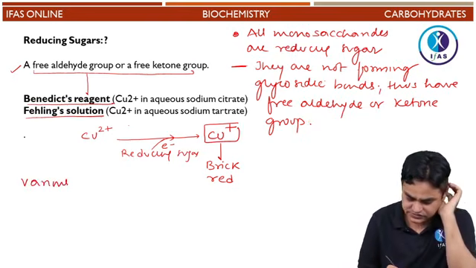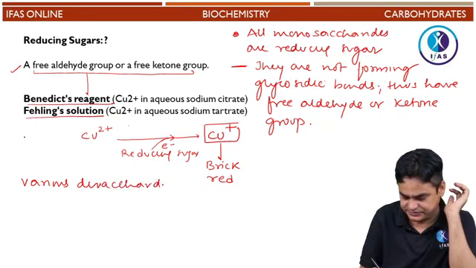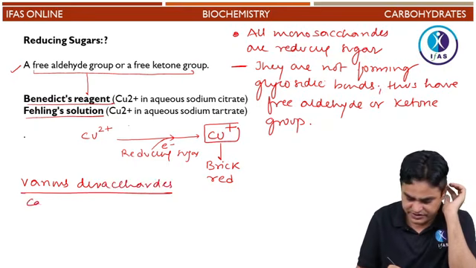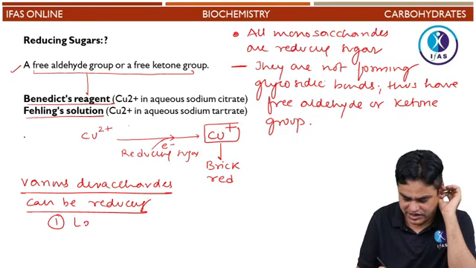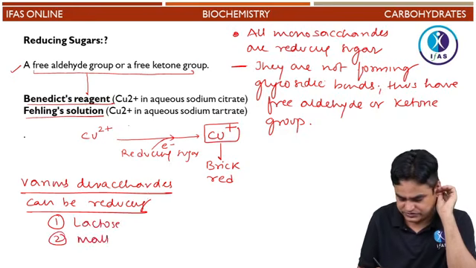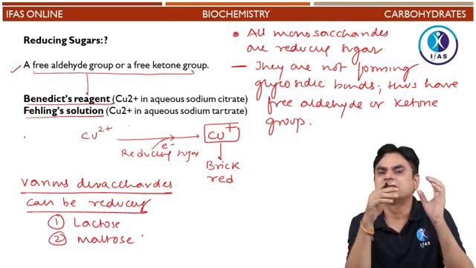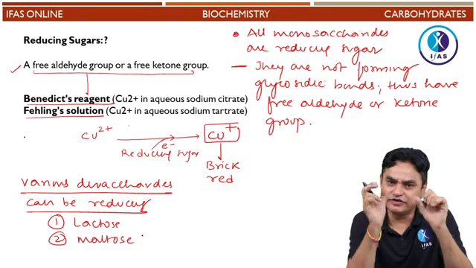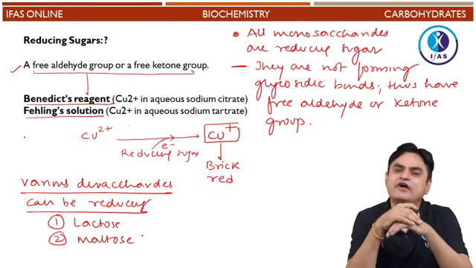Various disaccharides can be reducing, like lactose, maltose, etc. In a disaccharide there are two sugars. One of the sugars is involved in bonding, but the second sugar may still have a free anomeric carbon.